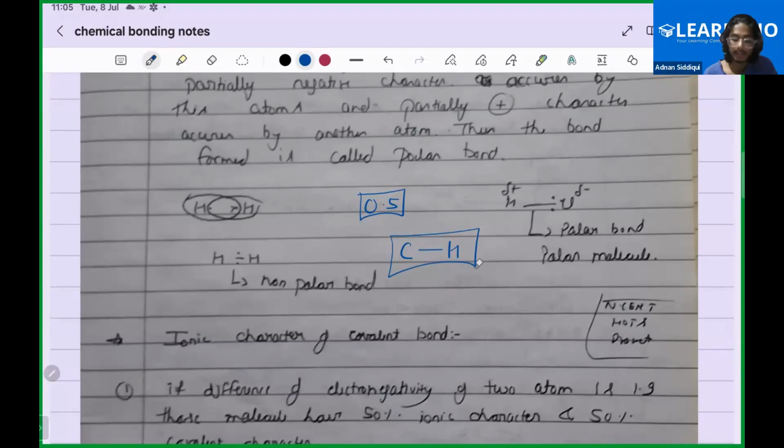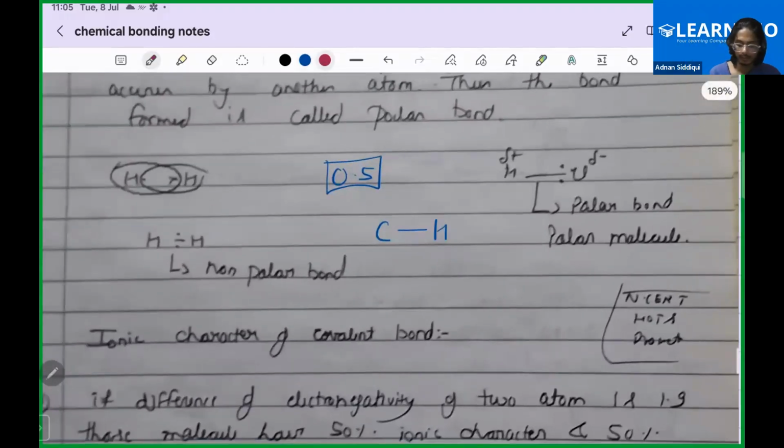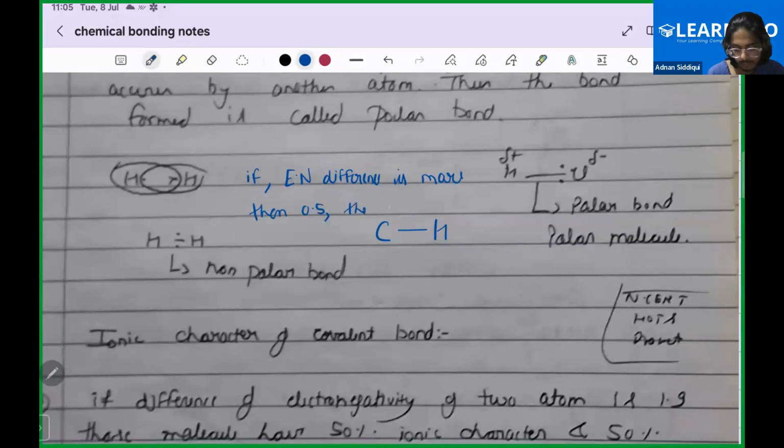Why? Let us see. Tell me the electronegativity of carbon. I don't know. Google it. Is there a whole table for this? I have added this table in your third chapter. 2.55.